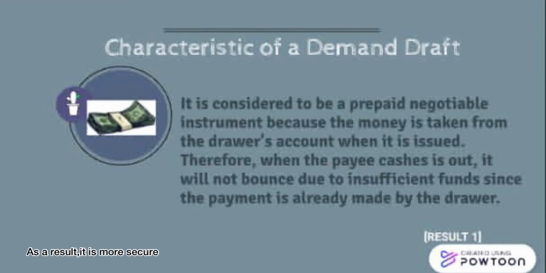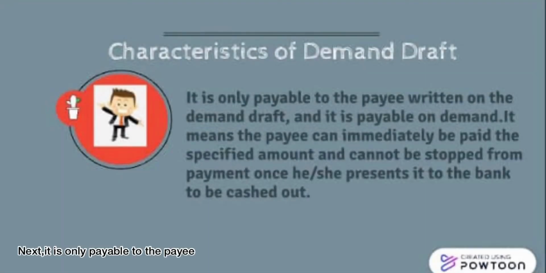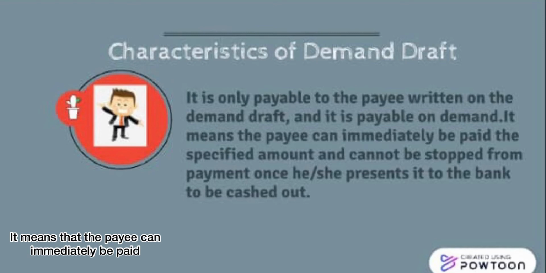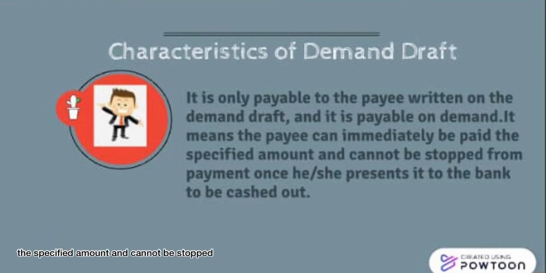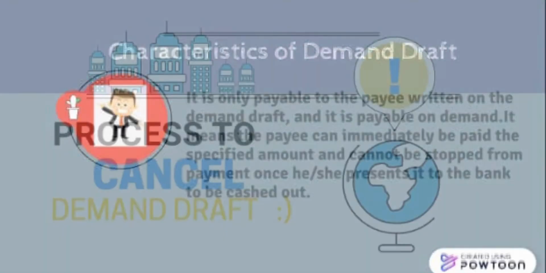As a result, it is more secure and comes with less risk compared to a check. Next, it is only payable to the payee written on the demand draft and it is payable on demand. It means that the payee can immediately be paid the specified amount and it cannot be stopped from payment once he or she presents it to the bank to be cashed out.